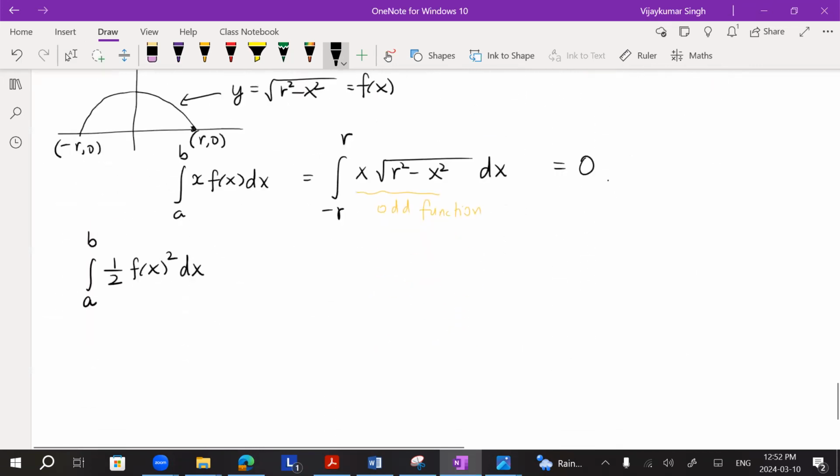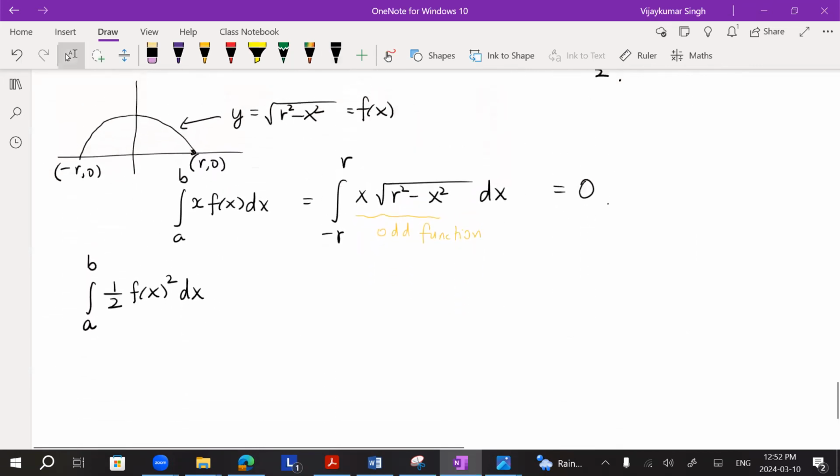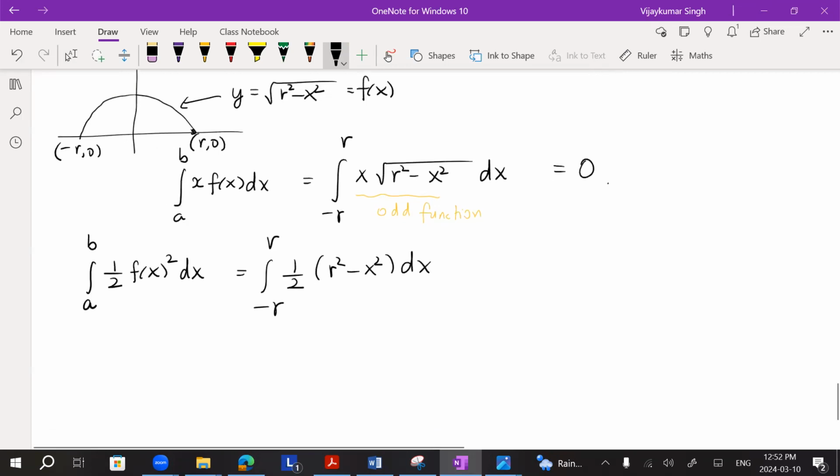So here we get half, the integral a to b, so again from minus r to r of half r square minus x square dx, right? Because when I square it, the square and square root will go away.